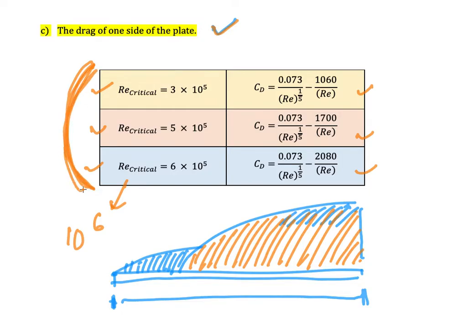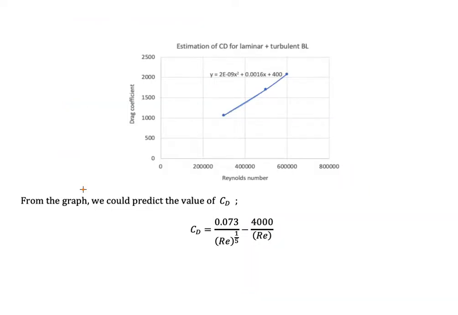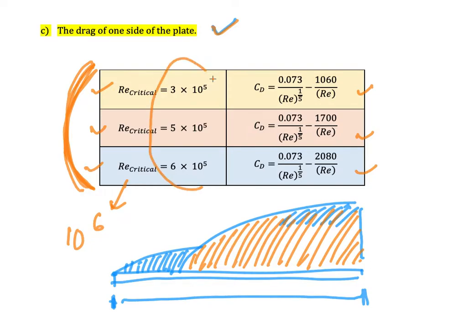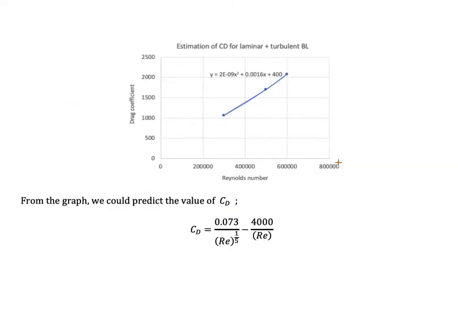So what we could do is an interpolation calculation. We plot the critical Reynolds number against the value of this constant, and then we could have this line, and some kind of equation to build the relation between these three points.